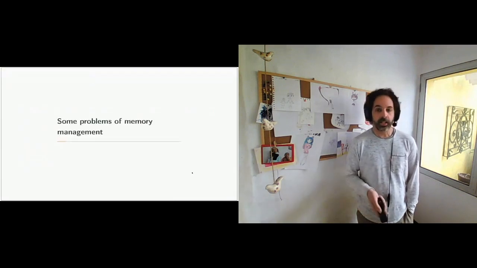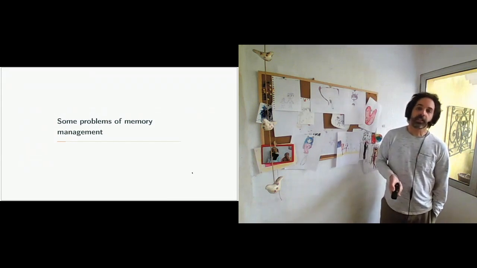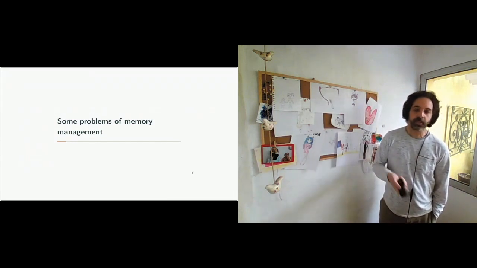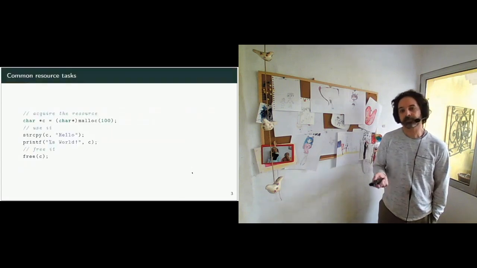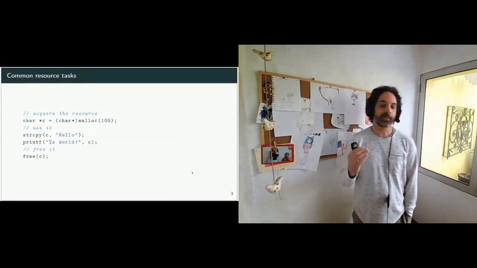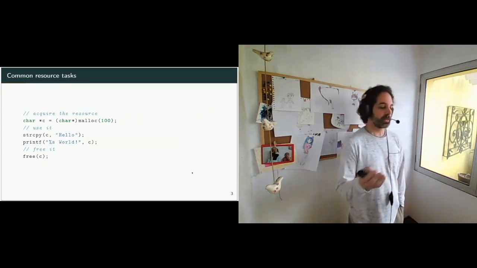We will start by looking at some of the problems of managing resources when programming, and then we will see how they manifest in inline-java. So when programming with resources, we have some basic operations that we need to do in a specific order.